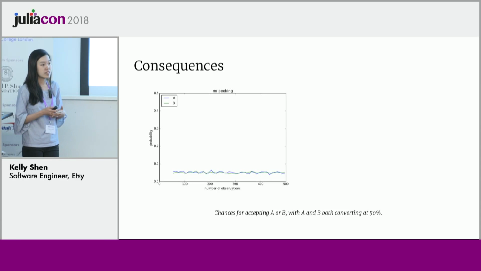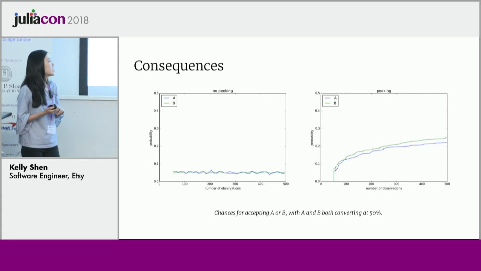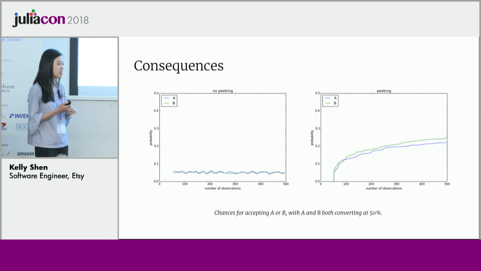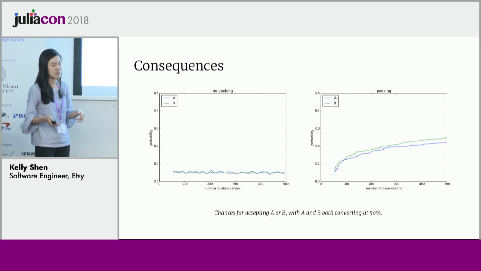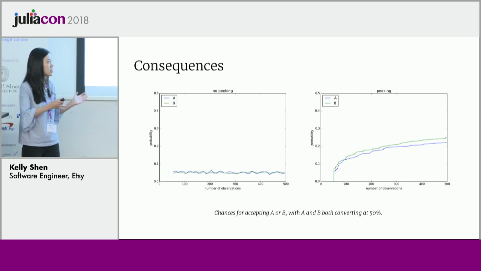However, if we peek at every observation, then after 500 observations, there is a greater than 50% chance that we will incorrectly state that A and B are different, which is 5 times more than expected. Now, peeking 500 times is a little extreme, but it makes the point.